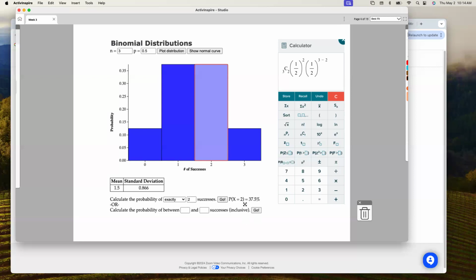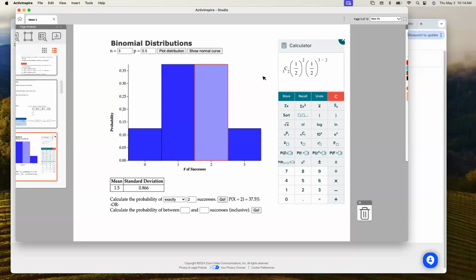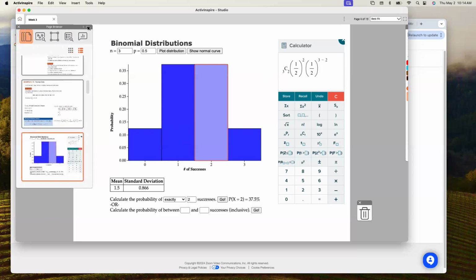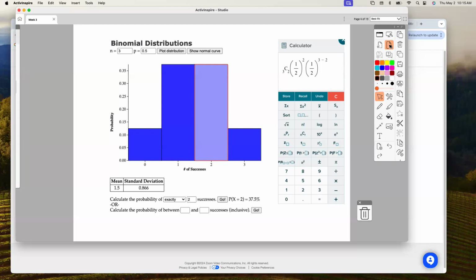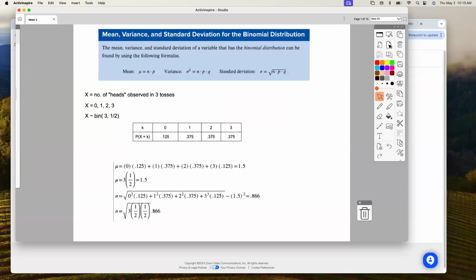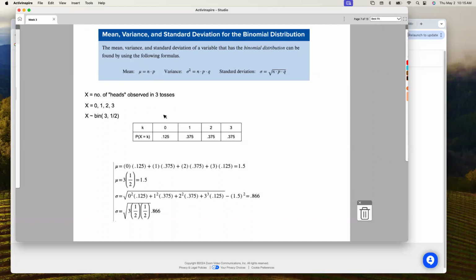But again, here is probably the easiest way. That's why I like using StatPlet here. It's very user friendly as far as calculating binomial probabilities. But we'll take a look at some other examples following up. Again, I just wanted to show you that because it is a discrete random variable, the formulas are the same, but we can use a little bit of mathematics.